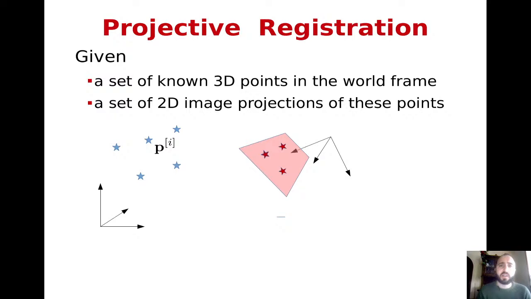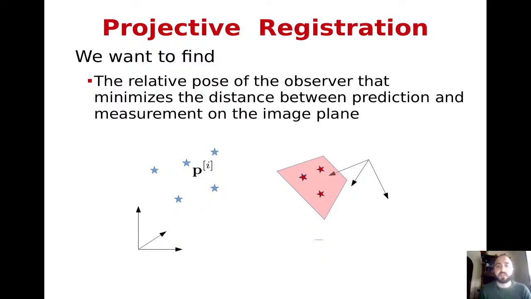And as usual in least squares problems, we have to minimize some sort of error, some sort of cost function. In this case, the cost function will be the so-called reprojection error, meaning we will take the 3D points, project them into our image, and that will constitute our prediction. What we are going to minimize is the distance over the image plane. We will see how that's defined in a bit.